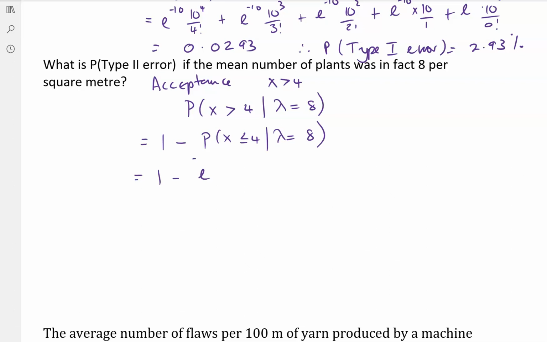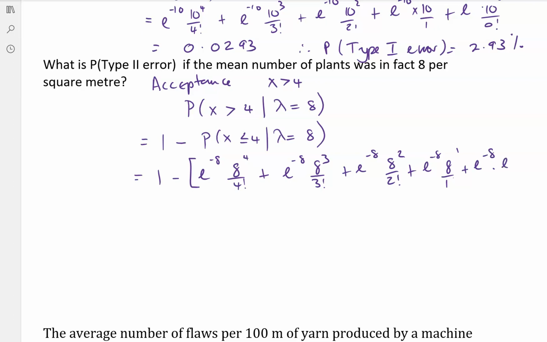This time it's going to be e, there's a big bracket around there because it's going to be all of these: e to the minus 8 times 8 to the power 4 over 4 factorial plus e to the minus 8 times 8 cubed over 3 factorial plus e to the minus 8 times 8 squared over 2 factorial plus e to the minus 8 times 8 to the power 1 over 1 factorial plus e to the minus 8 times 8 to the 0 over 0 factorial.